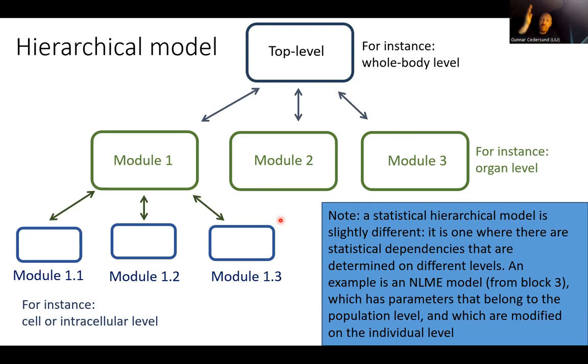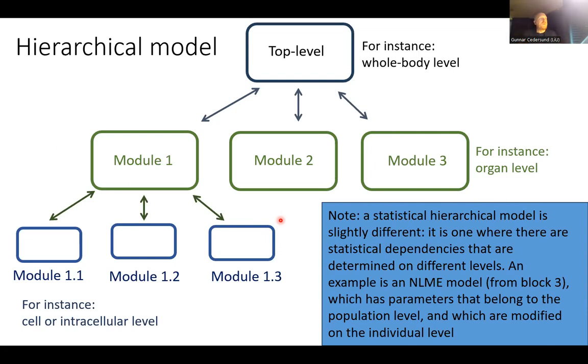So you have one parameter on the population level, which determines things that have to do with what the individual is doing, but you don't know the full details of what the individual is doing until you also have the individual-specific parameter, the random effect. So that's also called a hierarchical model, but in a slightly different context, because there you talk about a parameter which has a population part and the patient-specific part.